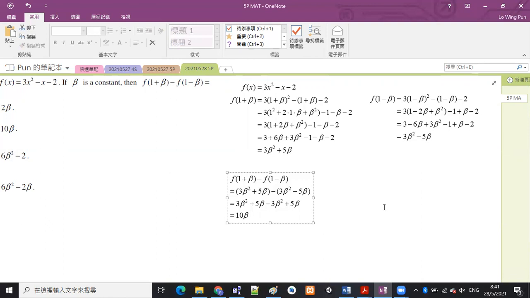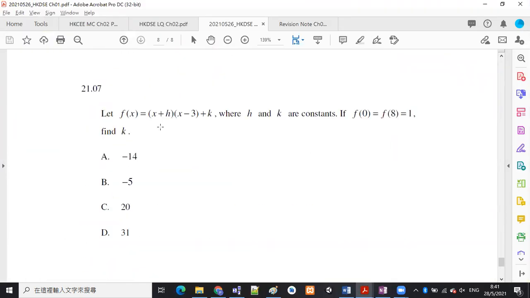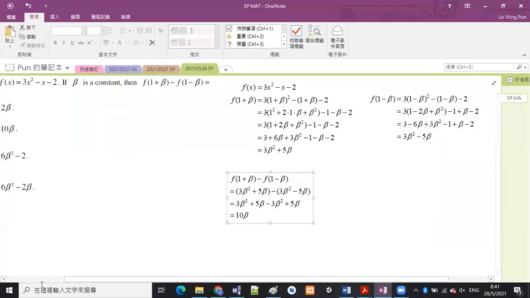Should be 21.07. Okay. So can you use 2 minutes to try to do question number 21.07? Already finished. Yes, good. So let me give you another one first.